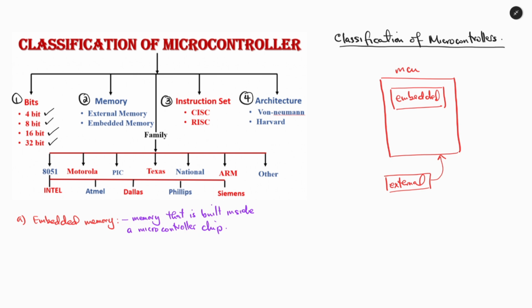One example of such memory is the flash memory. Flash memory can be an embedded memory whose function is to store the firmware or the application code.